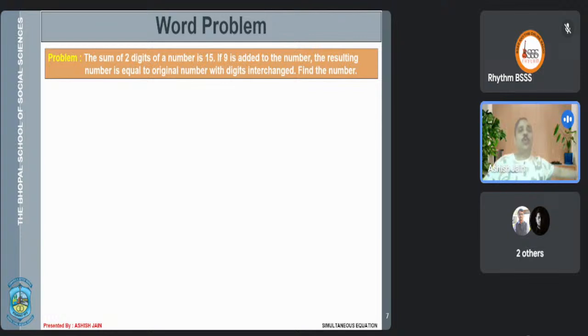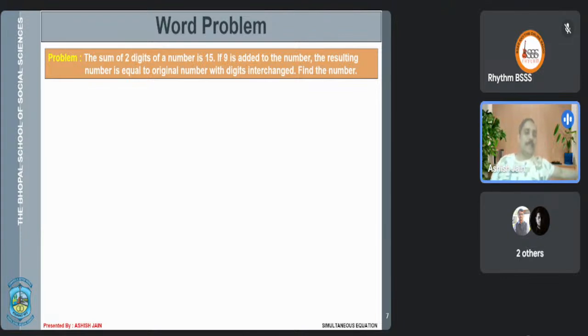The sum of two digits of a number, that means there is a 2-digit number. If you add both the digits of that number, the answer is 15. If you add 9 to this number, the resulting answer is equal to the original number but with digits interchanged. Suppose my number is 24, then on interchanging the digits it becomes 42. We have to find out which number ours is.